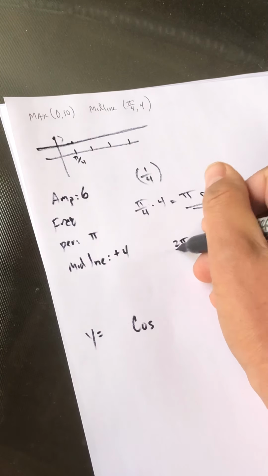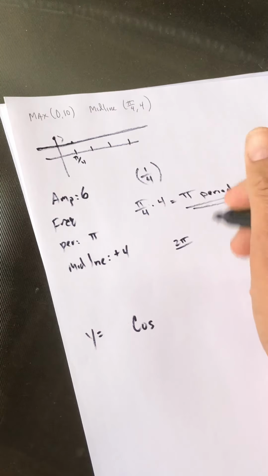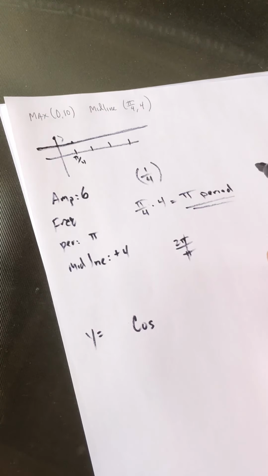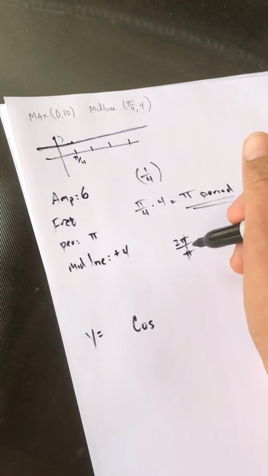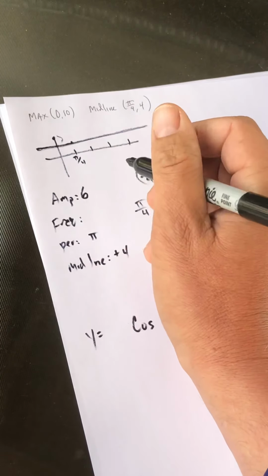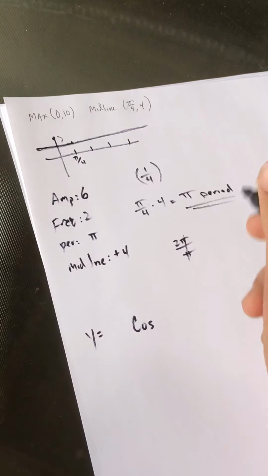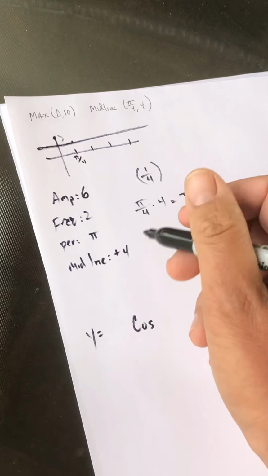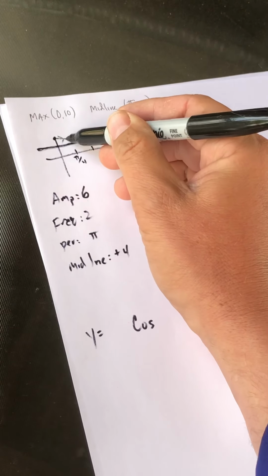Then my frequency is 2 pi divided by the period. So I'm just going to do some math, right? 2 pi divided by what the period is. So I find out my frequency is 2. All right, so I do believe I have all my information. So I know this curve is going to look like this.